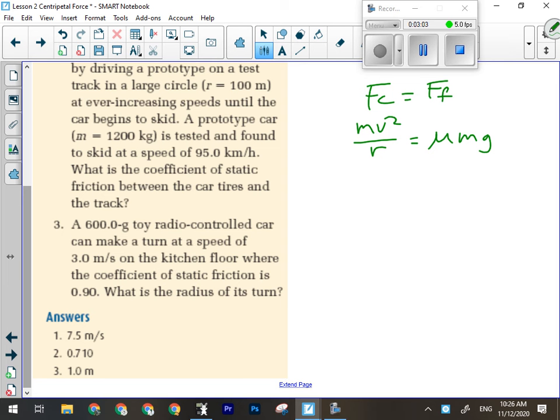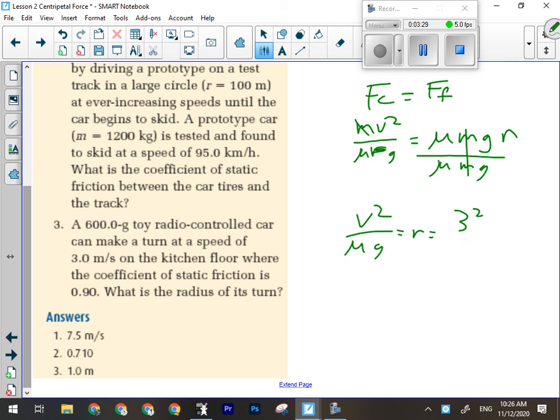Now the problem is that the radius is on the bottom here, and I can't solve for something when it's on the bottom. I need it to be on top. So I'm going to multiply r over to this side, and then divide everything by mu mg. The m is going to cancel, and I'm just going to have mu g on the bottom. So v squared over mu g equals r, with v equal to 3 meters per second.